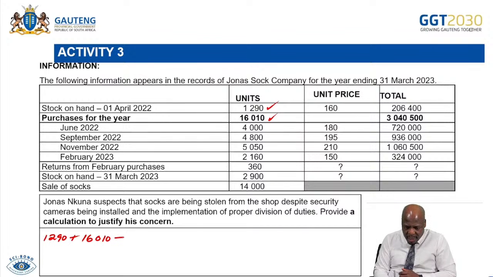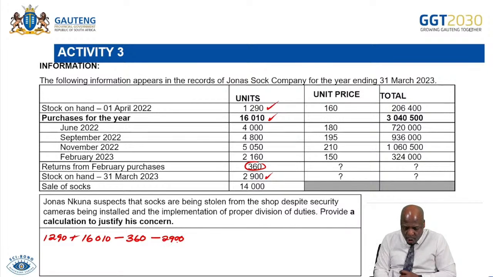Then you subtract the units that were returned there, minus 360. These are the units that were returned. And then you now say minus the stock on hand. The stock on hand is how much?